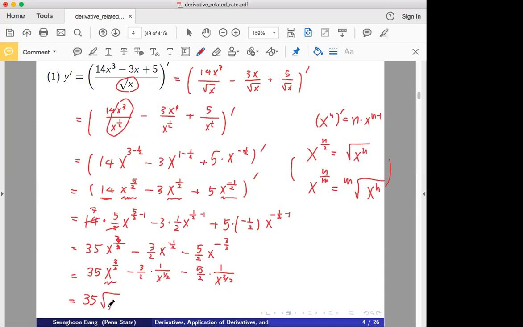Square root of x cubed minus the 3 times 1 is 3. The 2 times x to the 1/2 is square root of x, minus 5 over the 2 times x to the 3 over 2, which is square root of x cubed. So that's it. This is the whole idea for solving this problem.